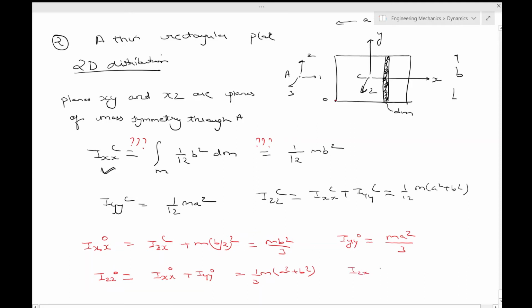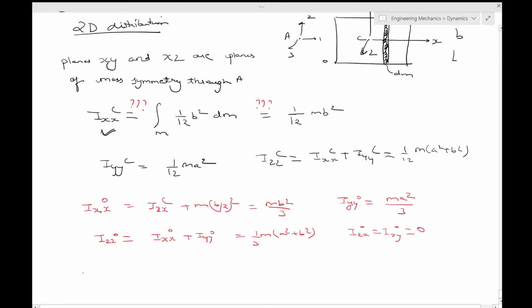Izx of O is equal to Izy of O is equal to 0. So Ixy of O is equal to Ixy of C minus m into x_c y_c, is equal to minus of m times half a times half b, but not equal to 0.